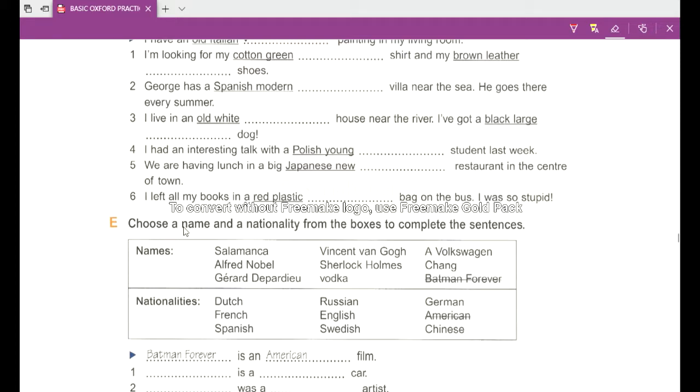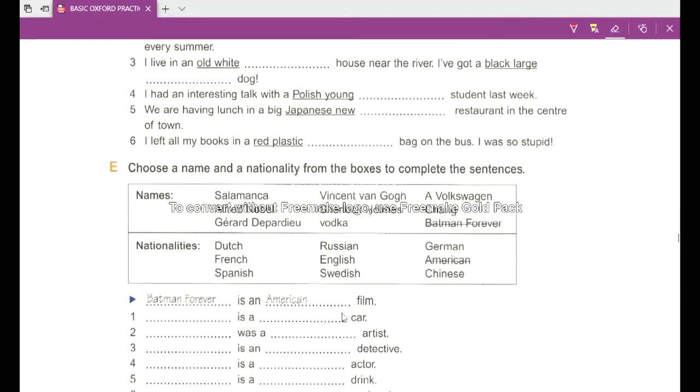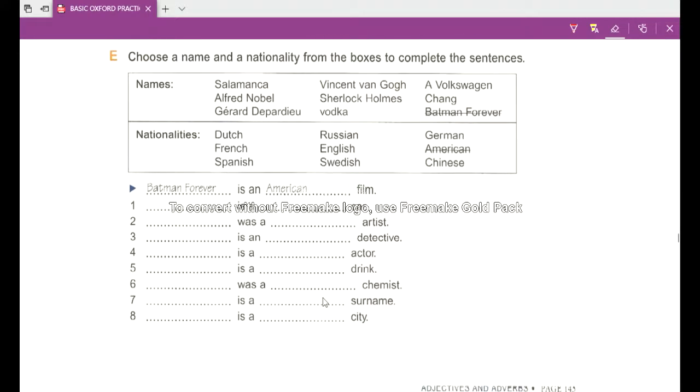E. Choose a name and nationality from the boxes to complete the sentence. Okay, we have names and we have nationalities. "Batman Forever is an American film." Okay, we take here Batman Forever and we took here American film.